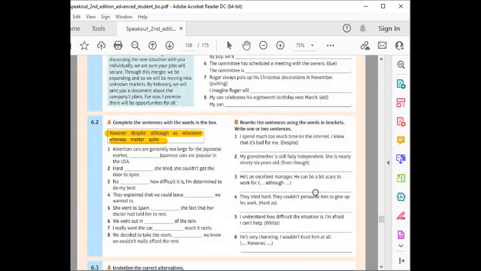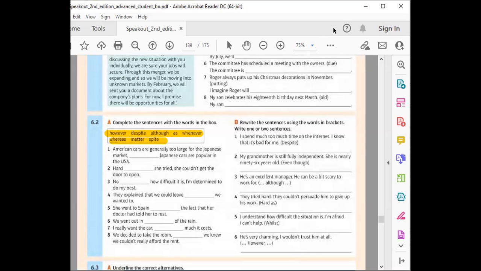Okay, let's do it together. We have 8 sentences and we are 4. Everyone can do 2. Let me do the first one for you. American cars are generally too hard for the Japanese market, blank, Japanese cars are popular in the USA.